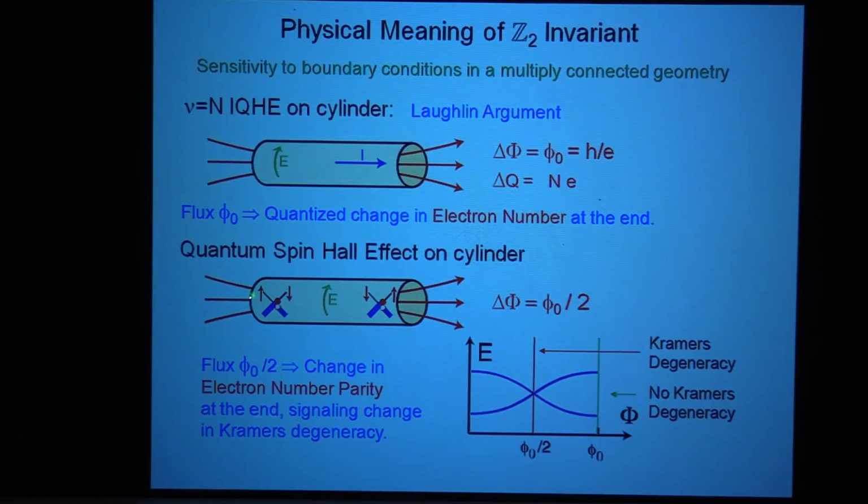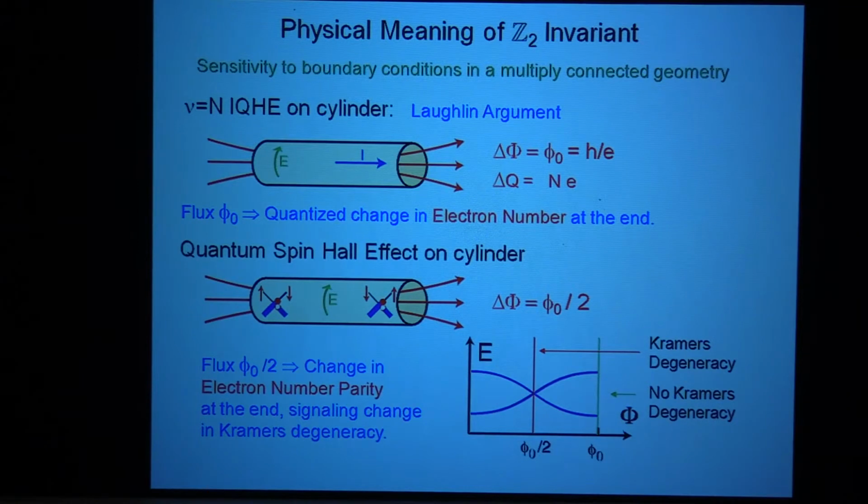Obviously, if I thread a whole flux quantum, then the Chern number is equal to 0, so I come back, no charge is pumped. But what I want to think about is what happens when the flux that I thread is 1/2 of a flux quantum.